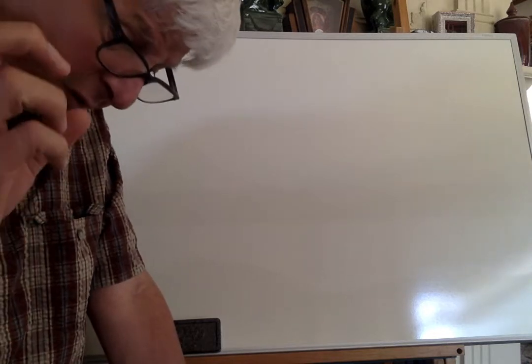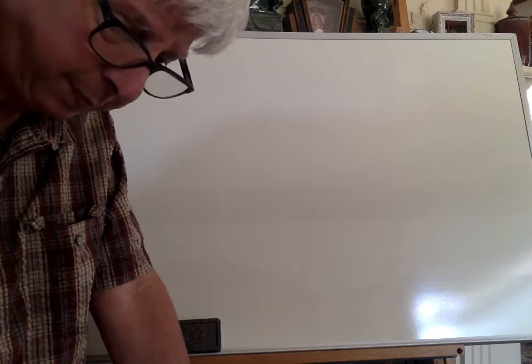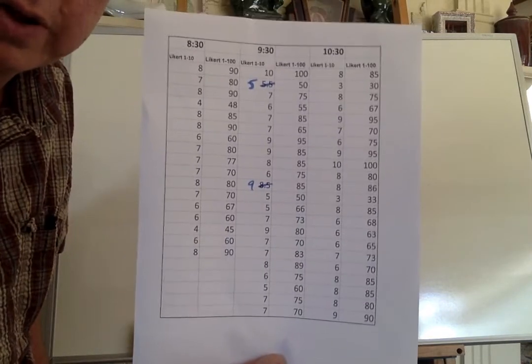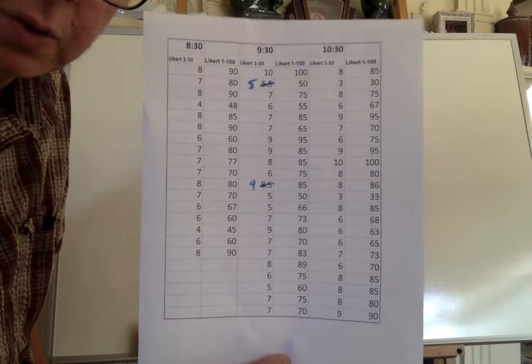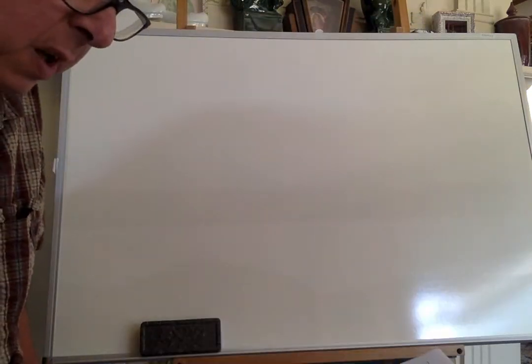We're normally going to do very small data sets to make it easier. But this is a more realistic data set. It's got quite a few numbers, even though we're not going to talk about the 1 to 100 numbers. We're going to talk about the 1 to 10. And I would ask you then, what could we use to describe this data set?